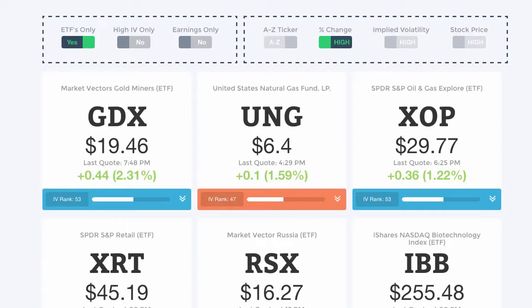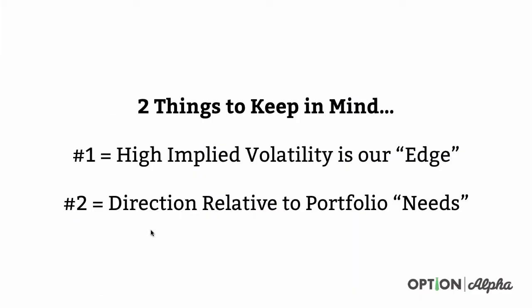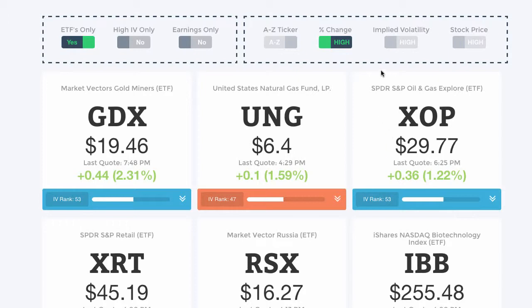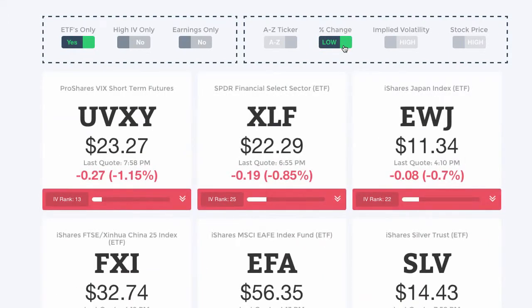So again, back to the slides that we had before, asking yourself the direction relative to portfolio needs. If your portfolio needs to find a bearish trade, it might be helpful to come in here and see which ETFs are moving down really hard right now, so which ETFs might continue to move down in the future.